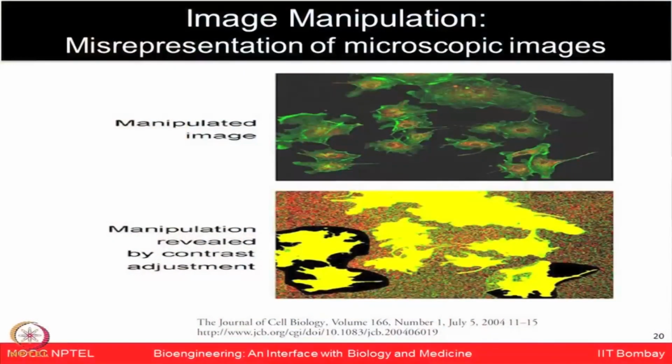And now you can see some of the misrepresentation of microscopic images. Something shown on the top panel is an image which is manipulated, and later on, if you change the contrast, you can see how this was manipulated.